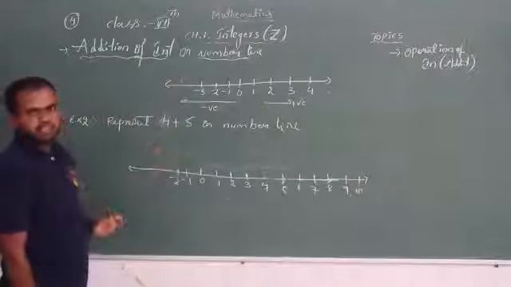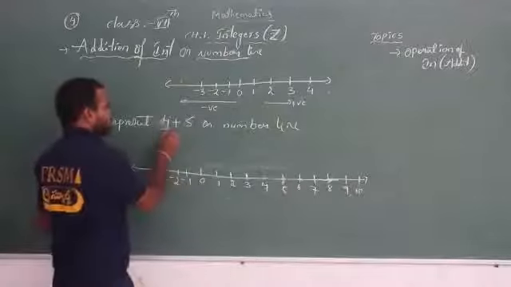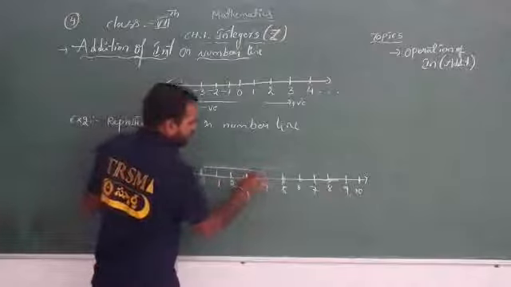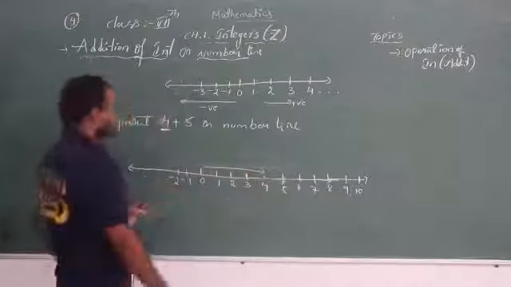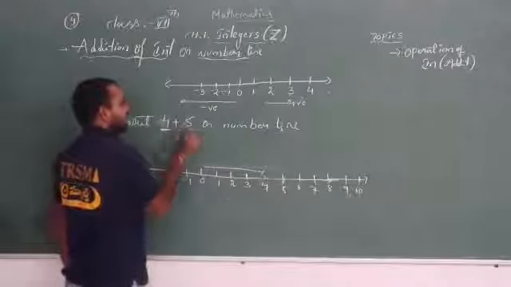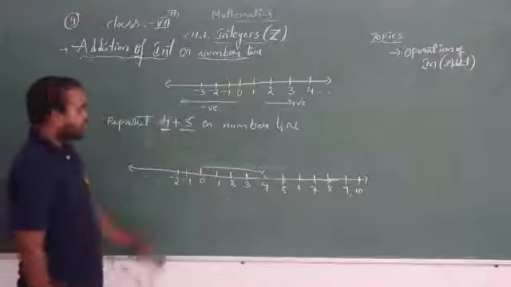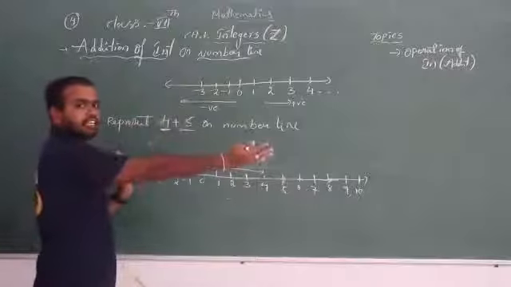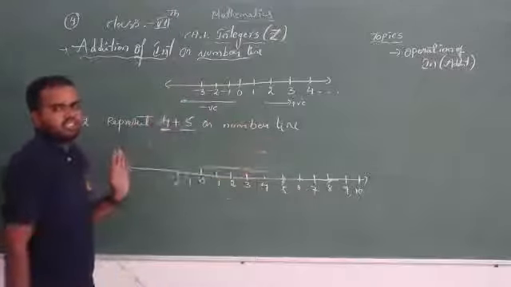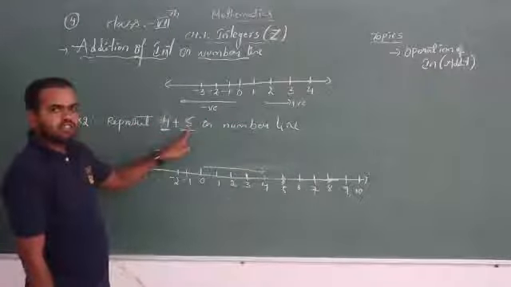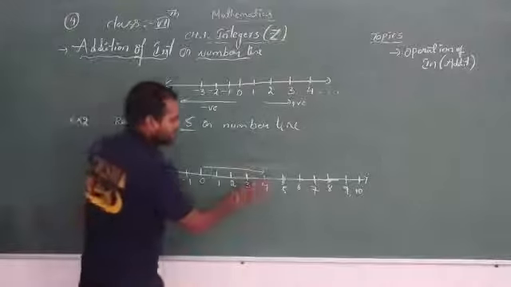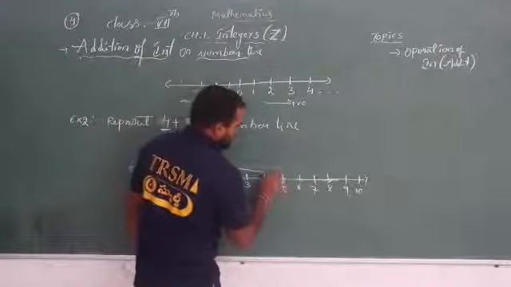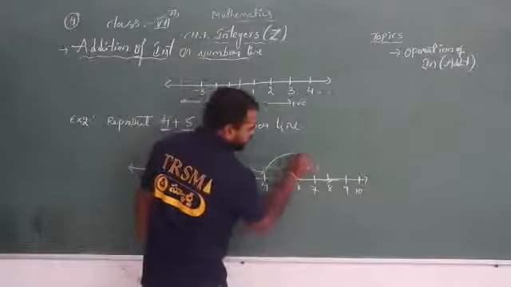Both numbers we are taking are positive integers. The first number is 4, so where is the 4? From 0 to 4, the 4 is here. Now we are adding a positive integer, so we have to move to the right side on the number line, 5 places: 1, 2, 3, 4, 5.